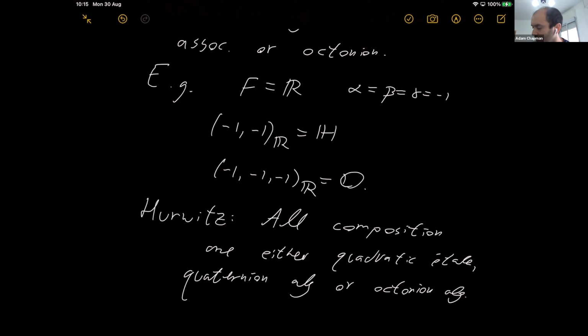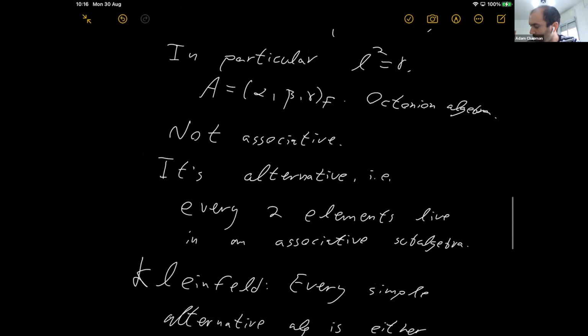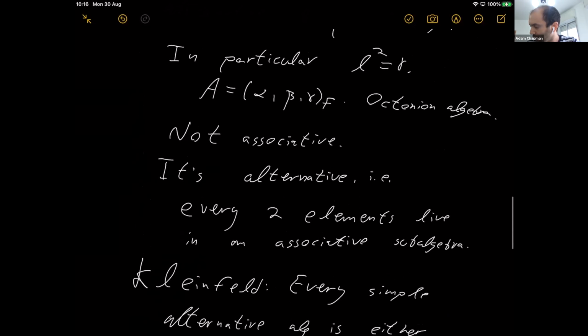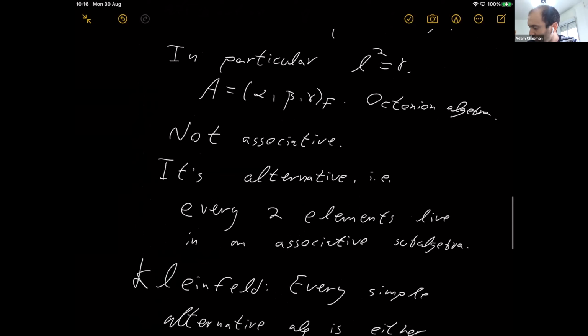Now, what do we mean by a composition algebra? I'll mention briefly. So it's an algebra equipped with a quadratic, multiplicative, non-singular norm form. Okay. So all these algebras are equipped with a norm form. I didn't mention here, but the Octonion algebra that we construct here has a norm form.